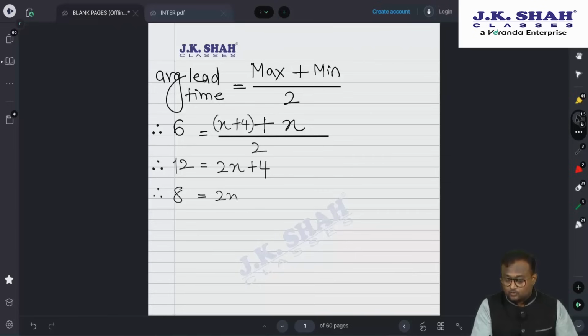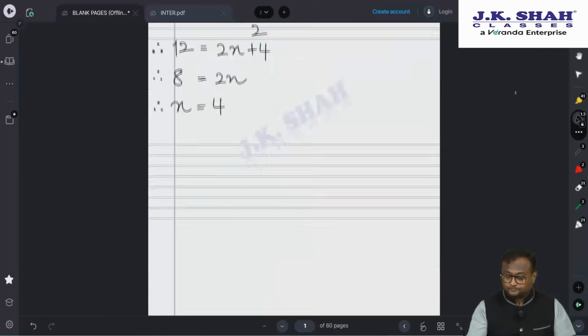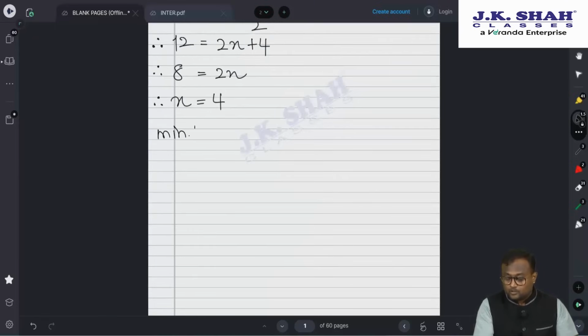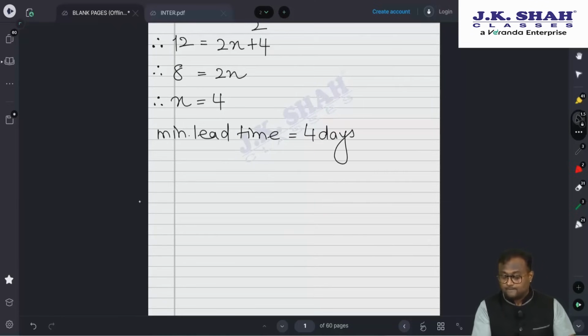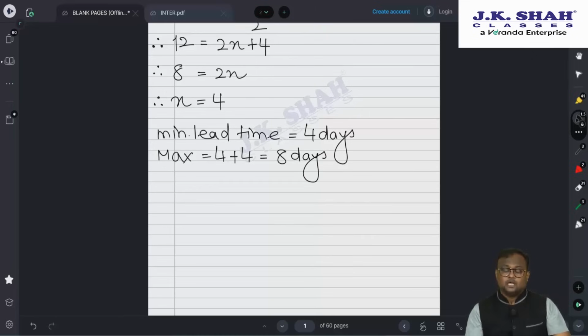So, 8 is equal to 2x, x is equal to 4. That means your minimum lead time is 4 days. So, maximum will be 4 plus 4, 8 days, and if you want you can verify, 8 plus 4, 12 divided by 2, average is 6. Okay, so this is what we got.